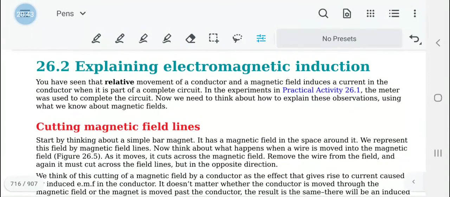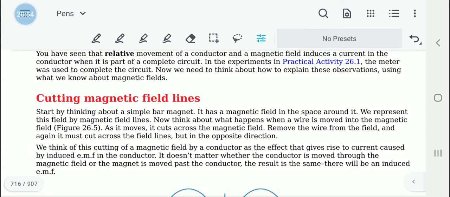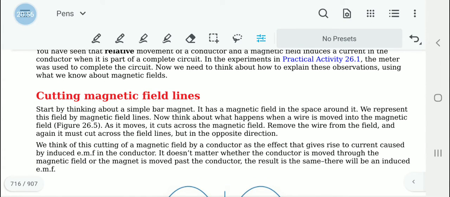Then write down: electromagnetic induction occurs when a wire is moved into a magnetic field and cuts across the magnetic field.